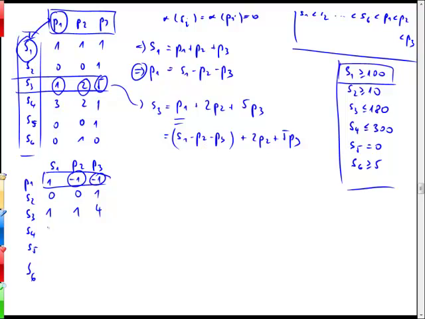And this is 3. Then here I have a 2 minus 3 times minus 1, which is minus 1. And 1 minus 3 times minus 1 is minus 2. The remaining rows are not affected because the coefficients for P1 were 0, so they are not changed.